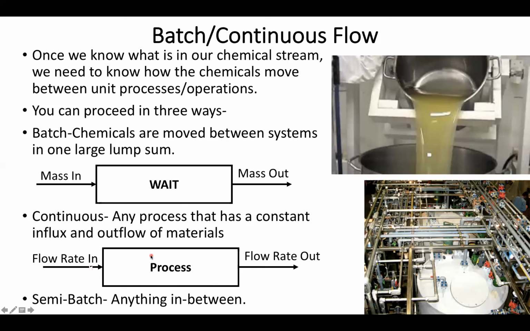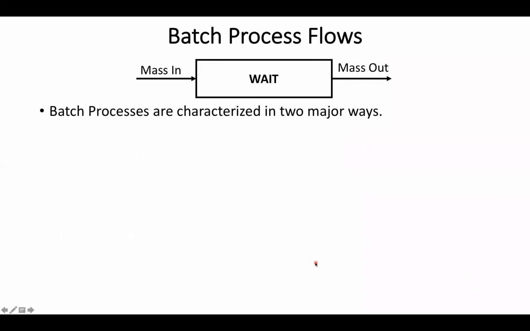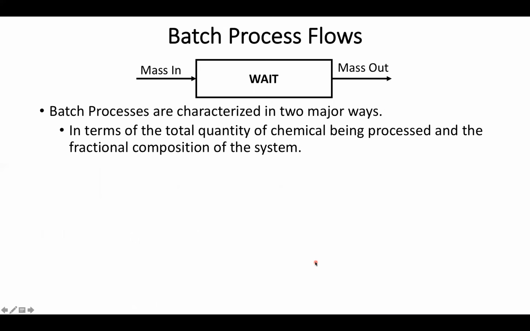So we're going to mostly, since this is a short synopsis class, focus in on the two simpler systems of batch and continuous processes. So my batch processes themselves tend to be categorized in one of two major ways. So the first is going to be in terms of the total quantity of chemical being processed.